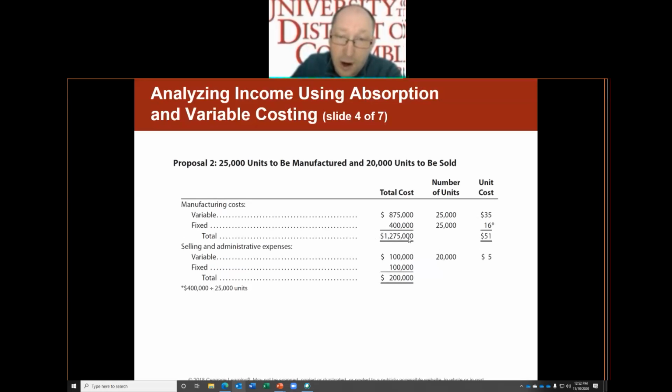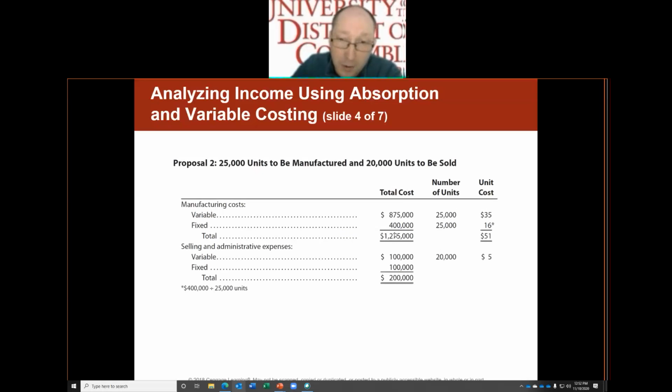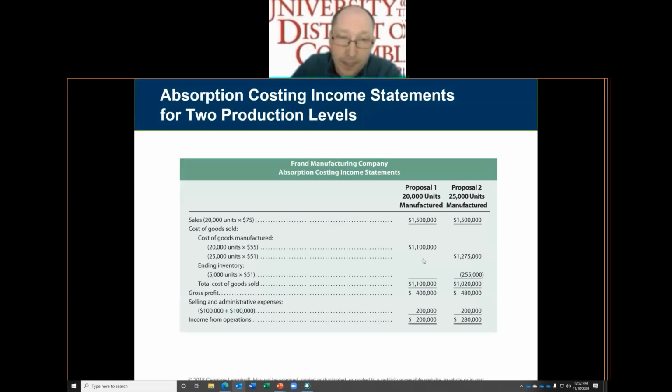We can see that our total manufacturing costs, of course, are going to be higher. We get that because our total variable costs are higher. So looking at the two proposals side by side, 1.5 million in sales projected because we're going to sell for $75 a unit.